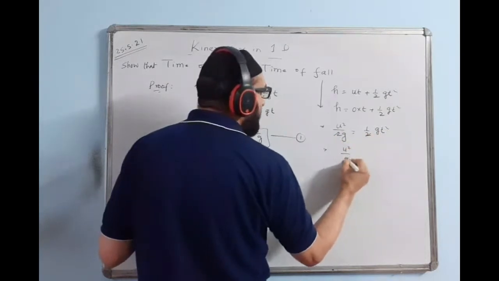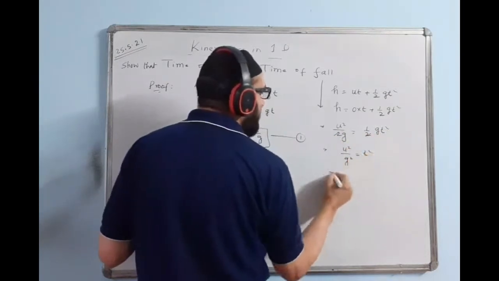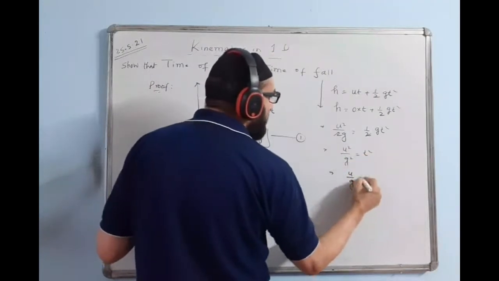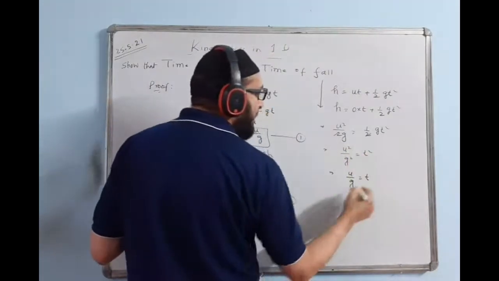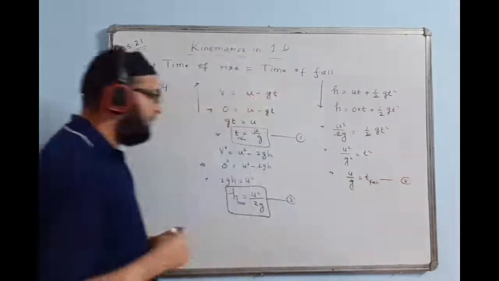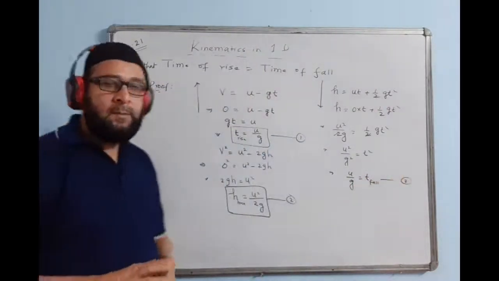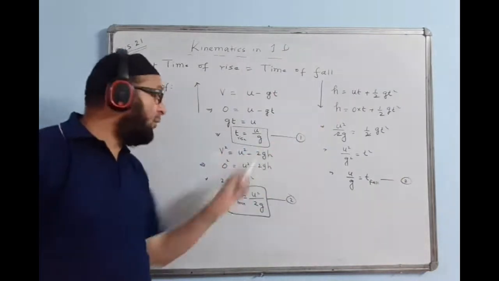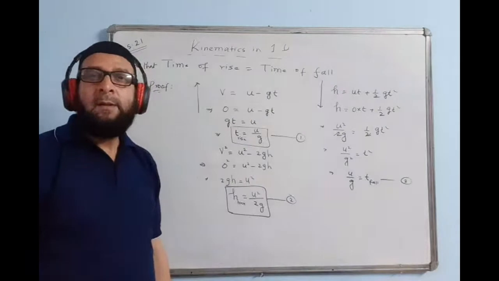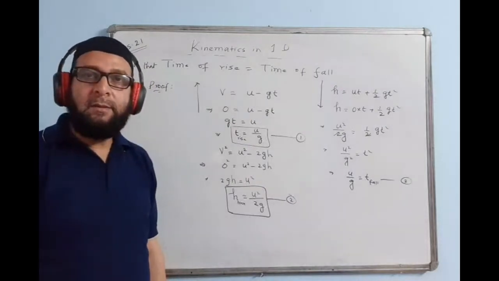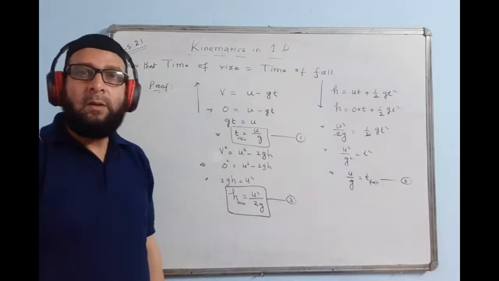It becomes u squared by g squared is equal to t squared. Square will go, root will come. This is becoming u by g after taking the square root. And this t is the t of fall, time of falling this same height. That means the body is returning back to the same point from where it was thrown.